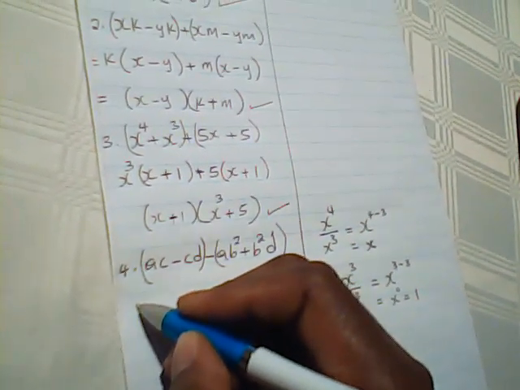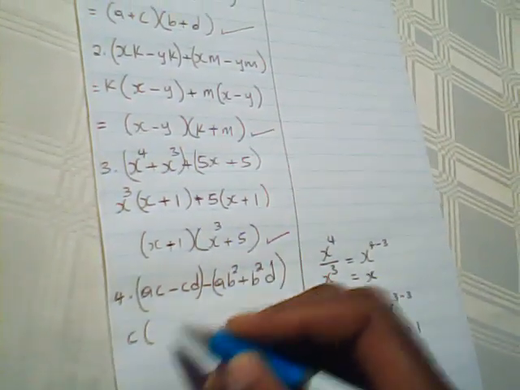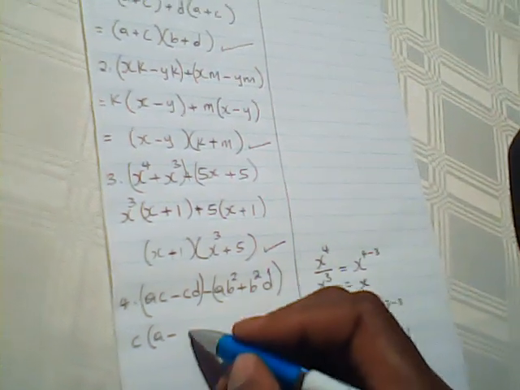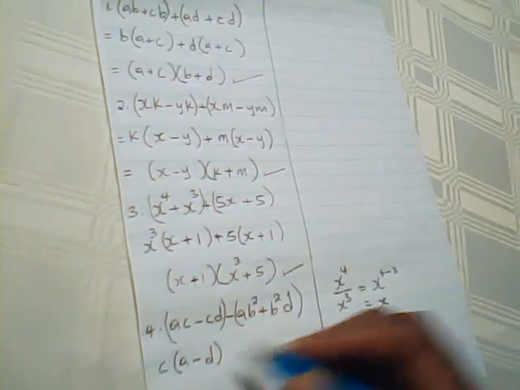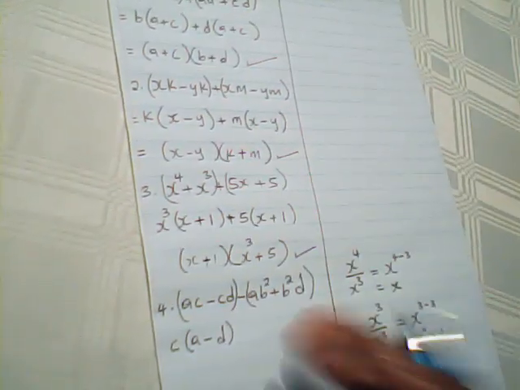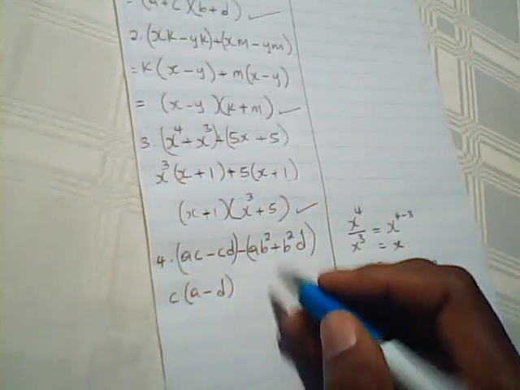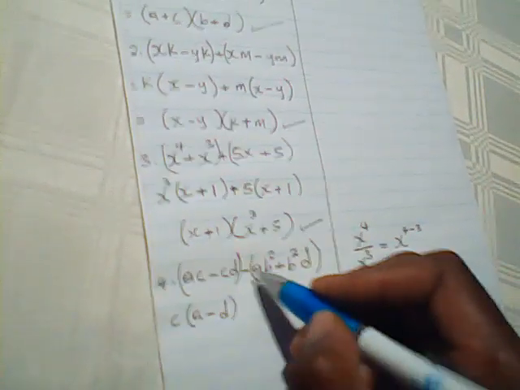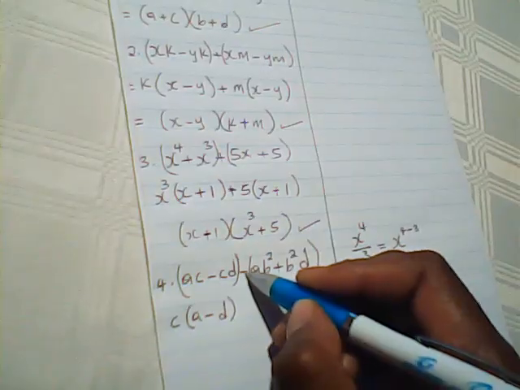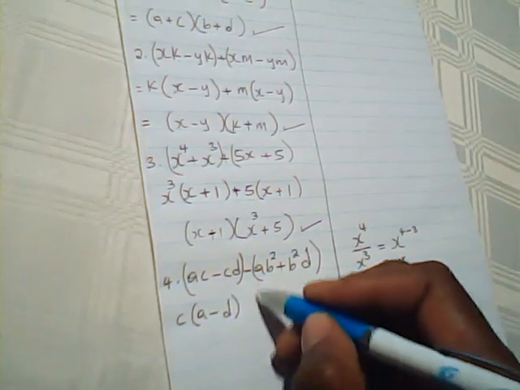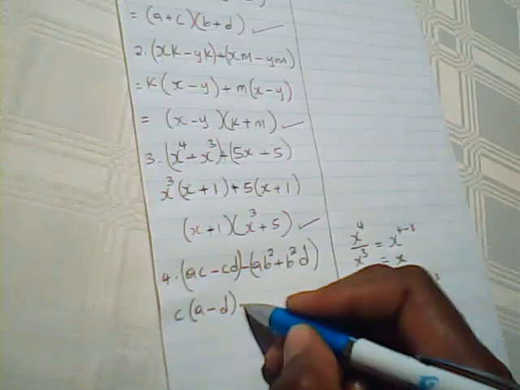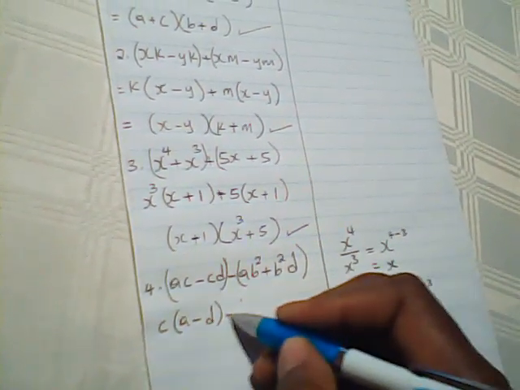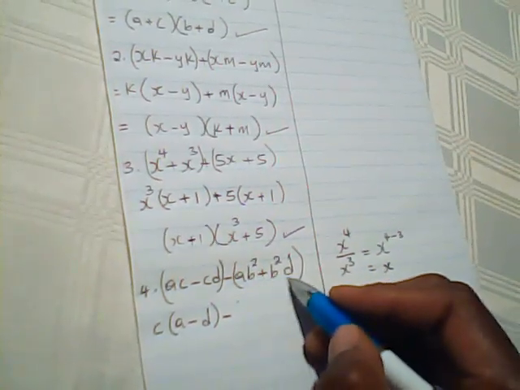Common factor is C. Then you are left with A here, negative, you are left with D here. Now, please pay attention here. These two groups are separated by a negative sign. All you need to do is just drop down that negative sign and then take out a common factor.